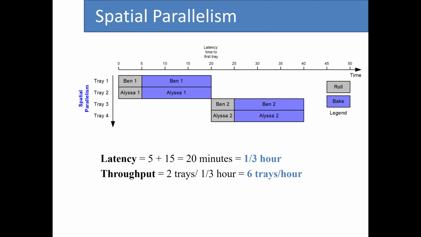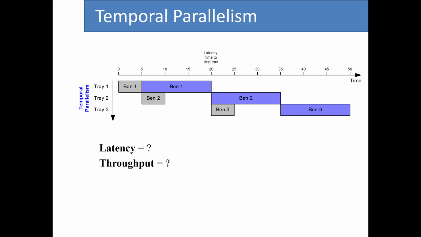Now let's take a look at an example of using temporal parallelism. Let's see how that would work. We first roll the cookies, then we start to bake. While these cookies are being baked, we roll the second batch too. Even though we have to wait for the first batch to be ready, since we rolled the cookies simultaneously, we were able to increase the throughput.